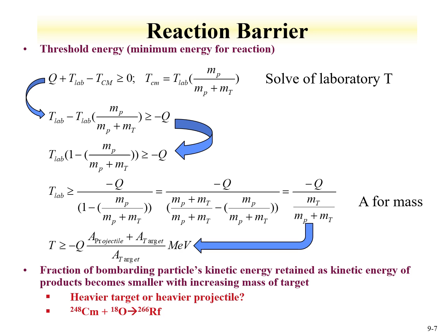And we come up with this very simplified equation where this threshold energy, this minimum energy for the reaction, has to be equal to the opposite of the Q value times the mass of the projectile plus mass of the target divided by the target mass. So you can use this to evaluate should we use a heavier target or a heavier projectile. And as we discussed earlier, by inspection we could see that we'd prefer to use a heavier target if possible.